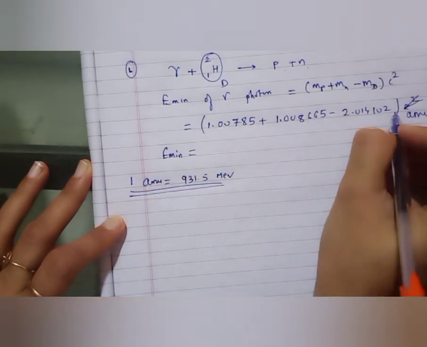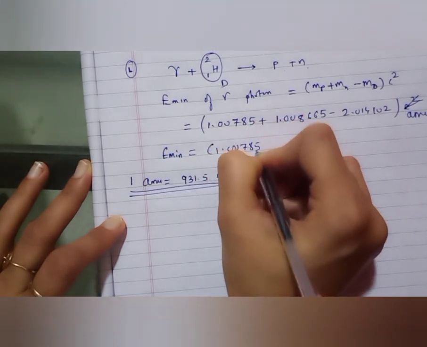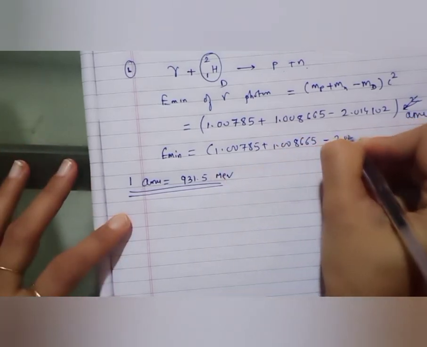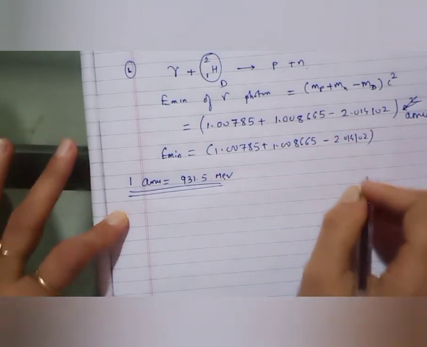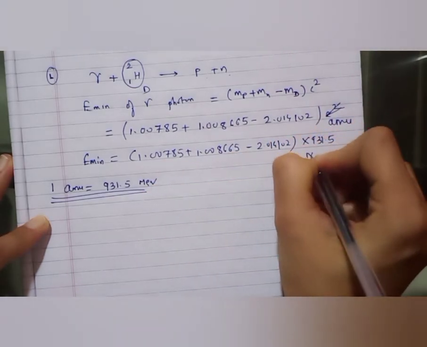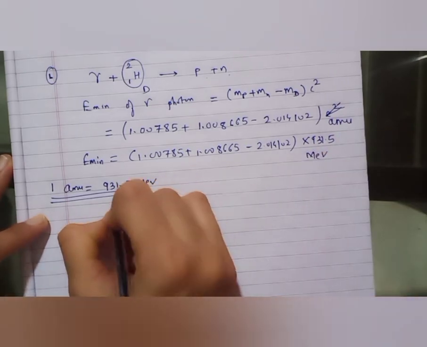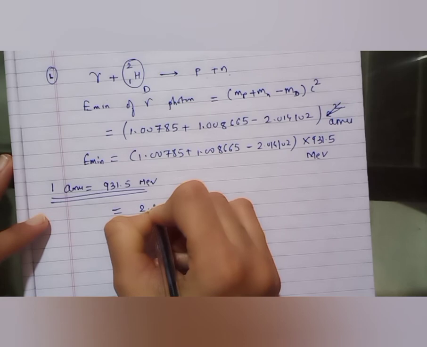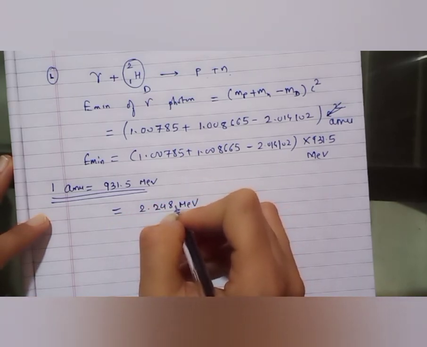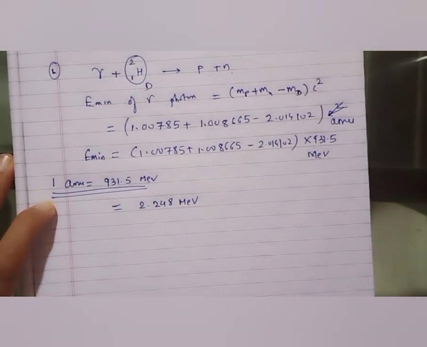So whatever mass you get from 1.00785 plus 1.008665 minus 2.014102, if you multiply this mass with 931.5, whatever answer you get will be in MeV. If you calculate this, it will come around 2.248 MeV. So just calculate this value and let me know if you are getting the same answer. If you don't get the same answer, you can write in the comment box. Thank you.